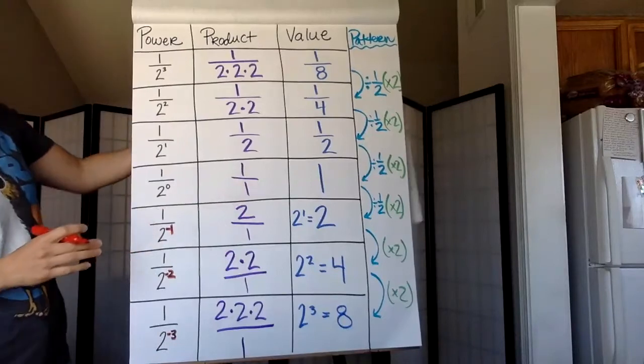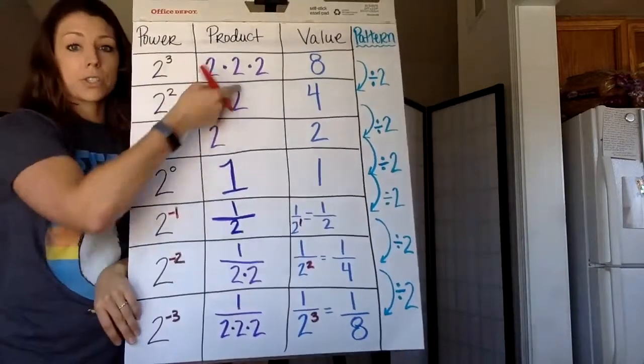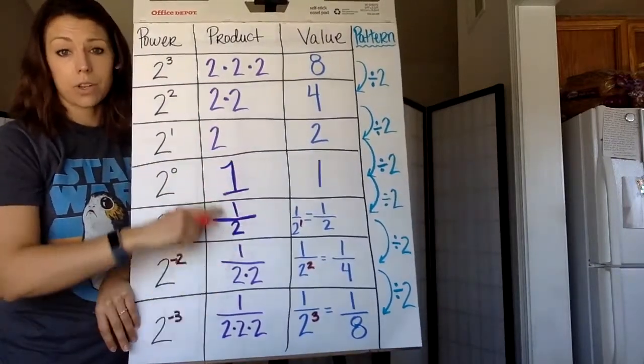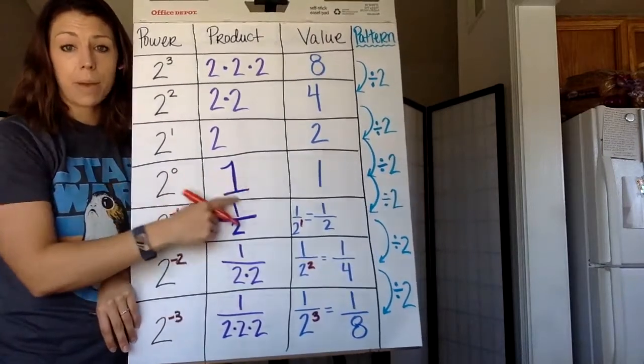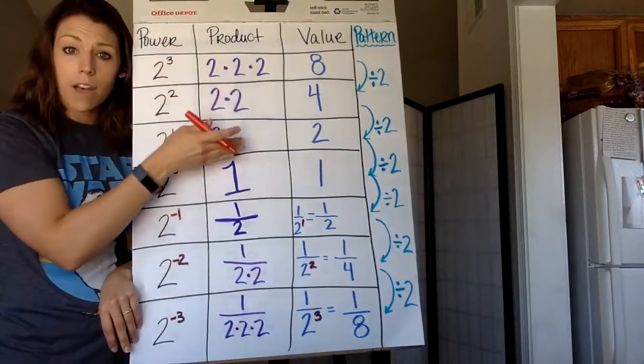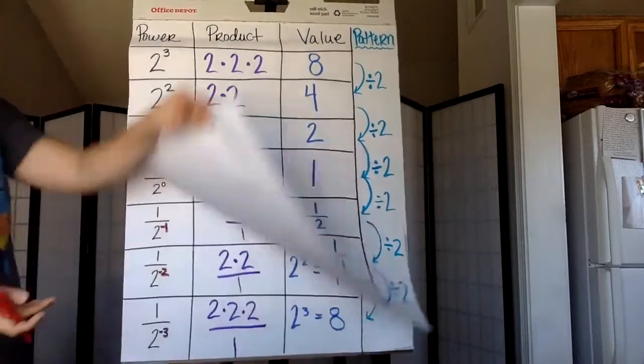Just like here, look at our last pattern. It works the same way. We were taking factors out of the numerator, which means if you continue that, they're going to flip over. As soon as you get past 0, past this 1, it's just going to end up in the denominator. Continuing to divide means that it's going to flip at some point. It's going to end up in the denominator.